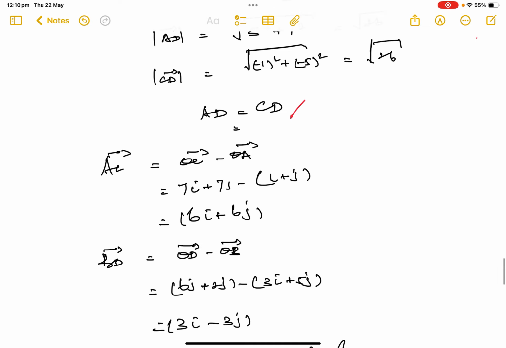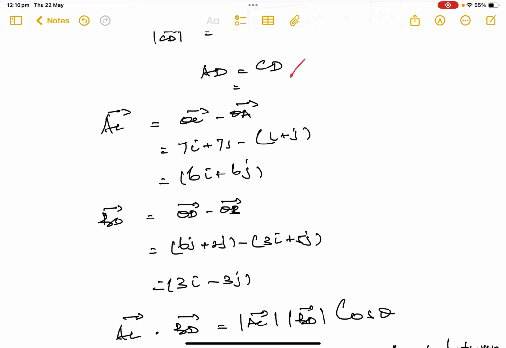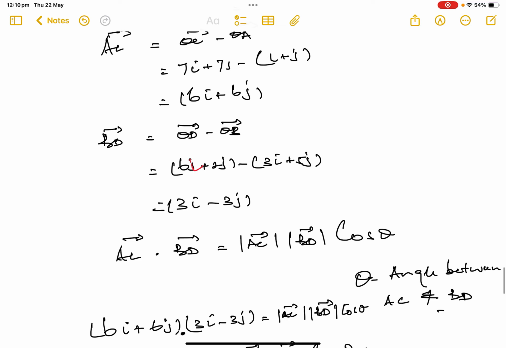BD is OD minus OB, the position vectors of D and B, that is 6i plus 2j minus 3i plus 5j. 6 minus 3 is 3, and 2 minus 5 is minus 3. So BD is 3i minus 3j.